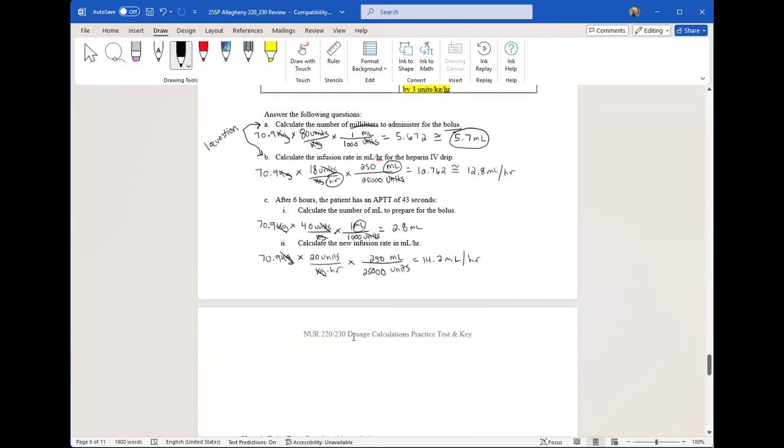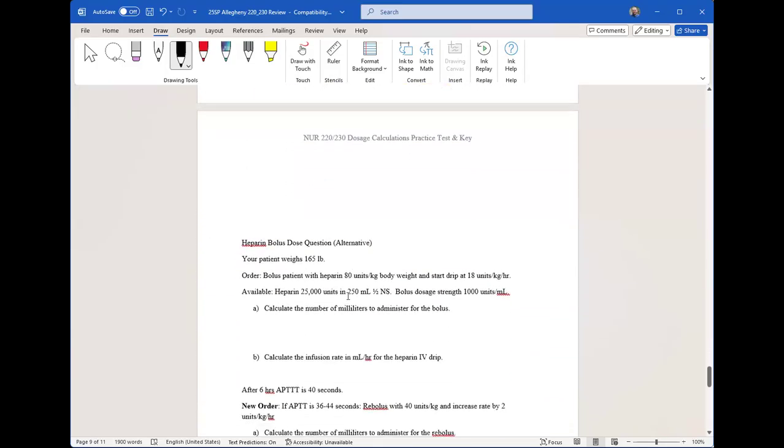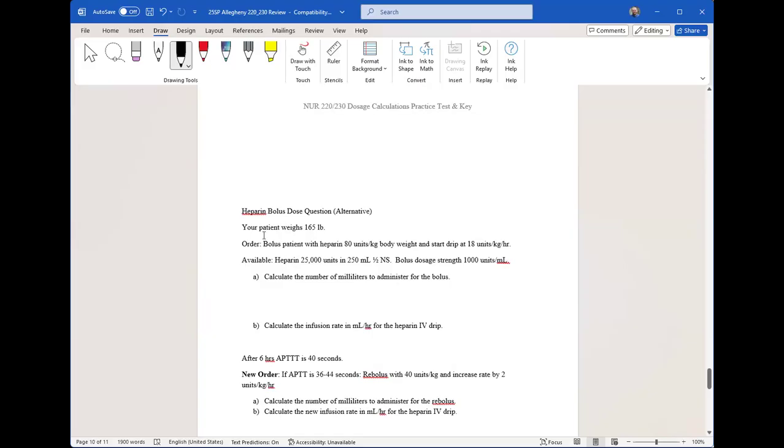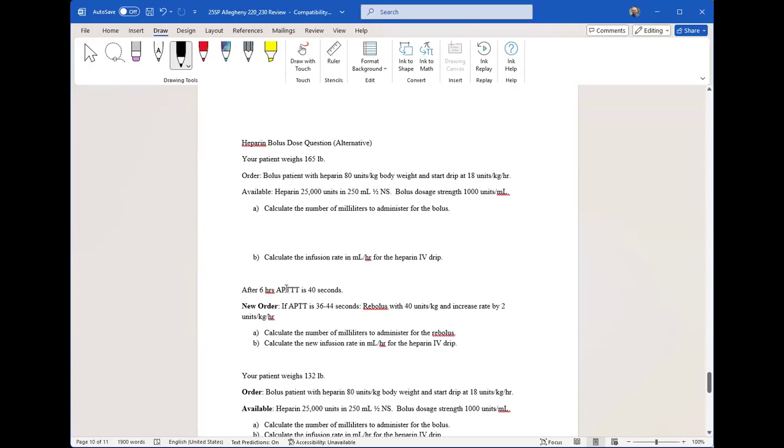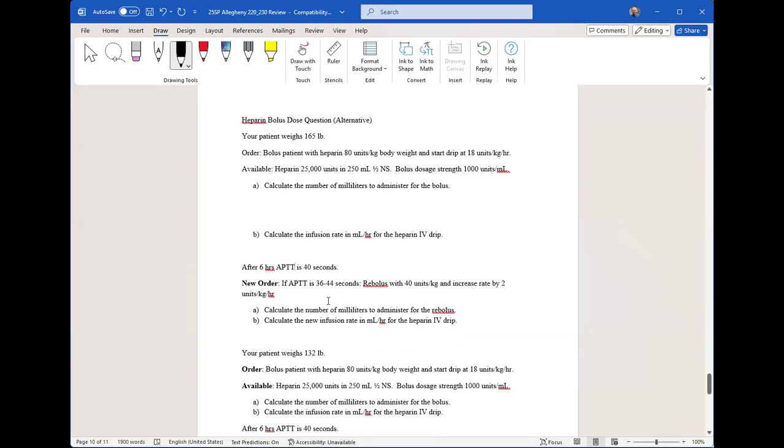So in the next phases of the review, you can see I simplified the order and the available, gave you a patient's weight, asked you to calculate the bolus and the IV drip, and then gave you some additional things to adjust for the APTT, just some additional practice. This is all, like I said, on the shared OneDrive folder.